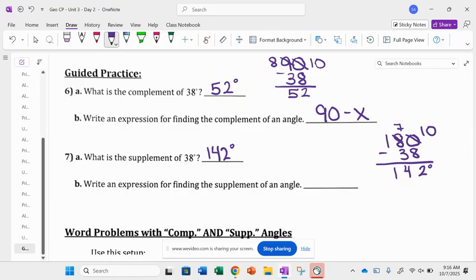What's the supplement of 80 degrees? 100, good. What's the supplement of 60 degrees? 120, good. To find the supplement, what are we doing? Caitlin? Good. To find the supplement of any number, we're just going to do 180 minus that number.